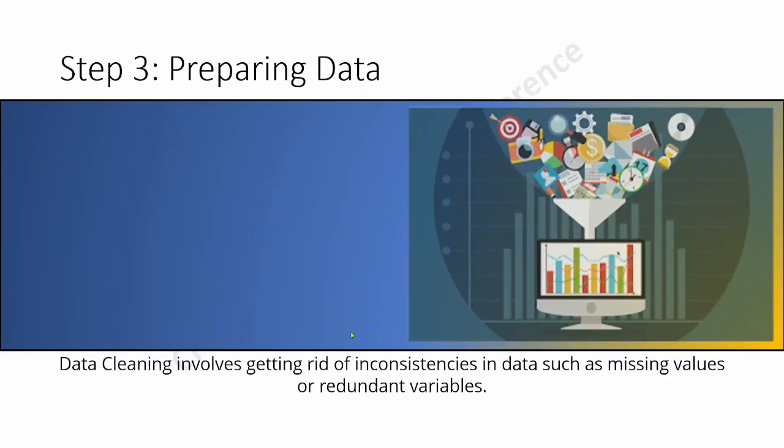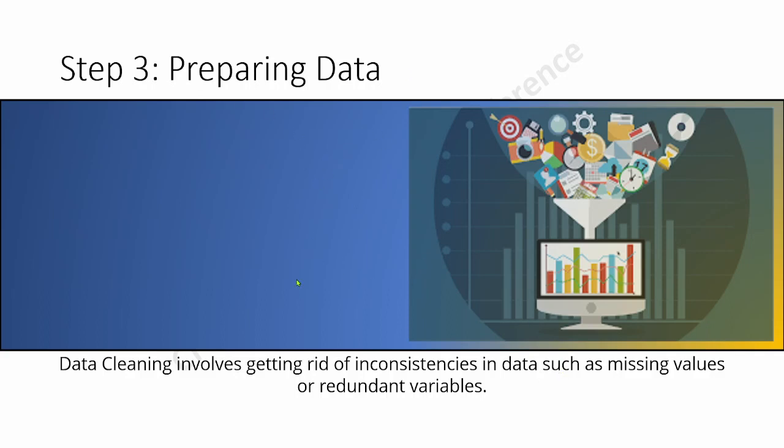Step three is preparing the data. Now we have to prepare the data. We have gone through a whole list of data preparation activities that are typically done, for example, missing values, duplicates, redundant values, or noise in the data, scaling, encoding, all kinds of data pre-processing.